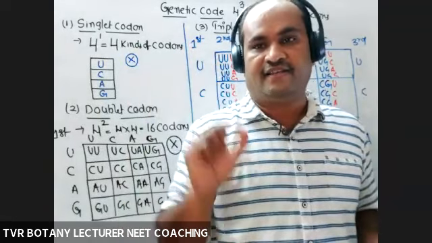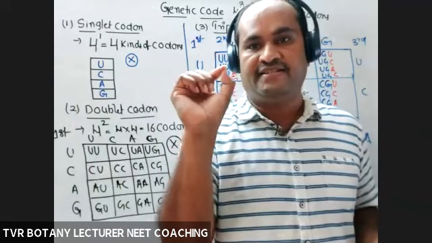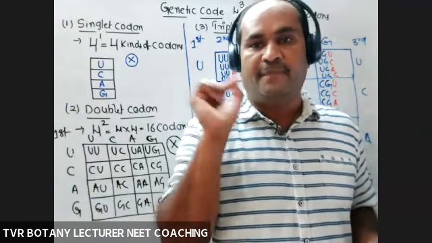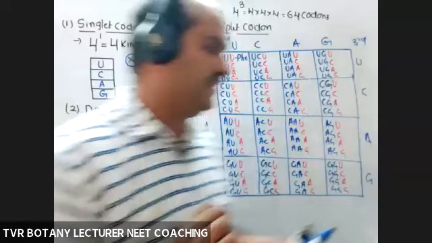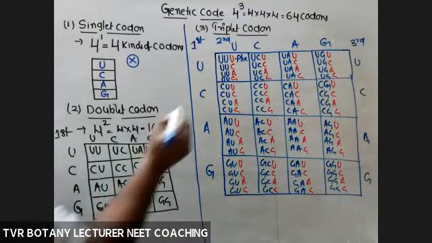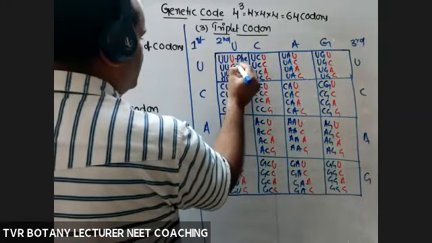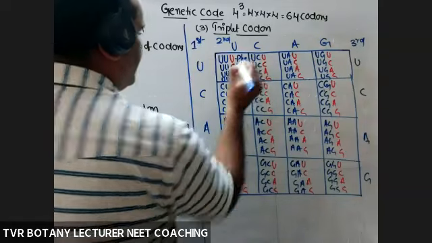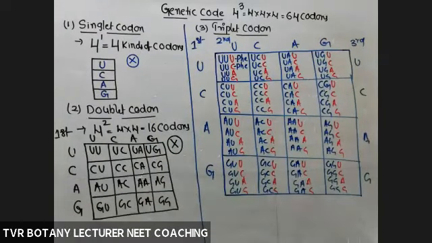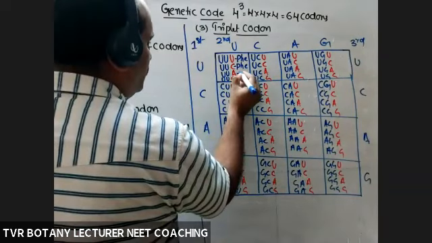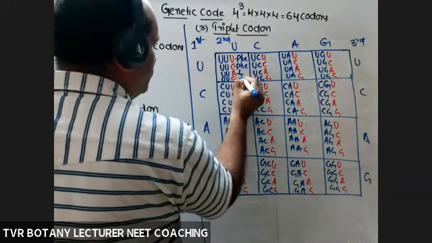In that case, you should write PHE as the short form. The second codon also codes for incorporation of phenylalanine. Next one, leucine.